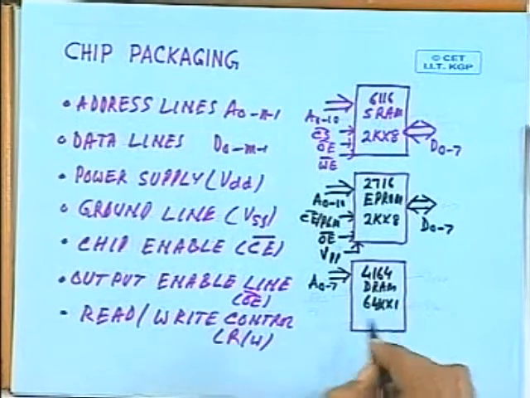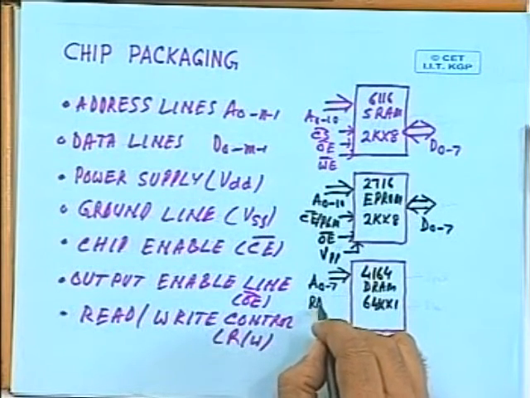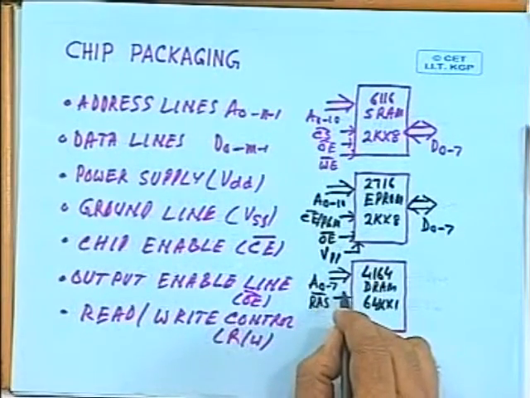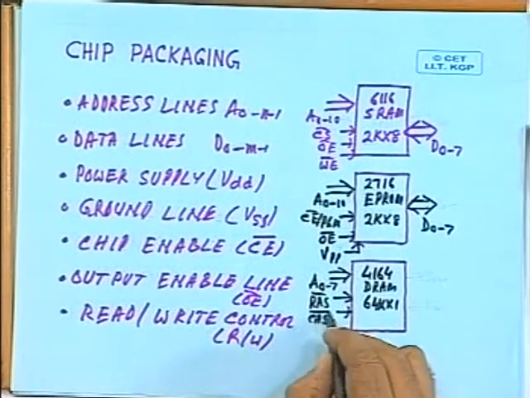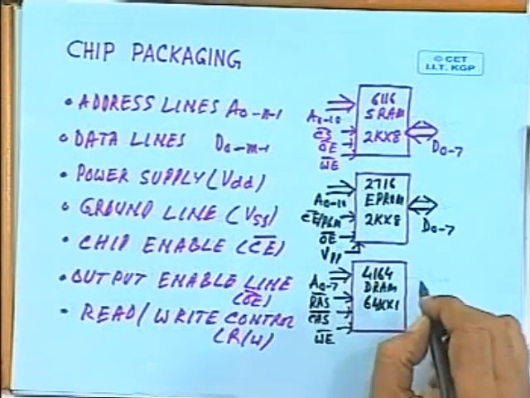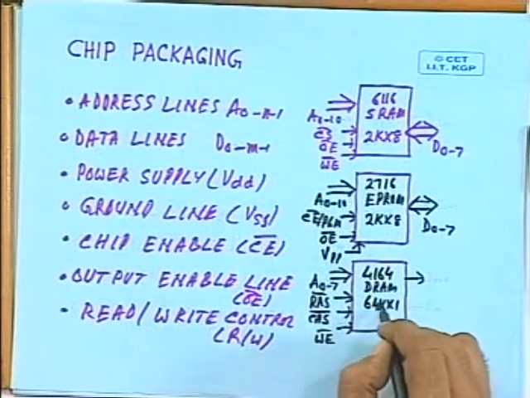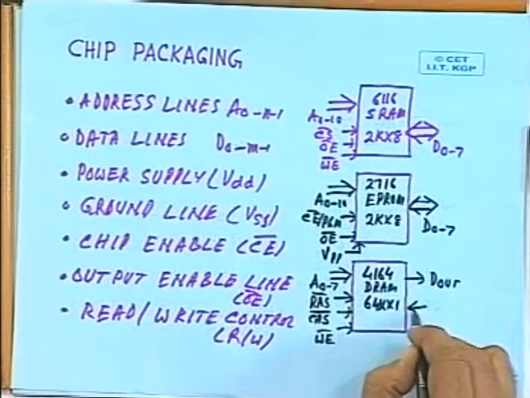I shall explain in my next class why this is required. This is your row address select, that means row address and column address are applied separately. Then you will require write enable, and since it is single bit, you will require just D out and D in.